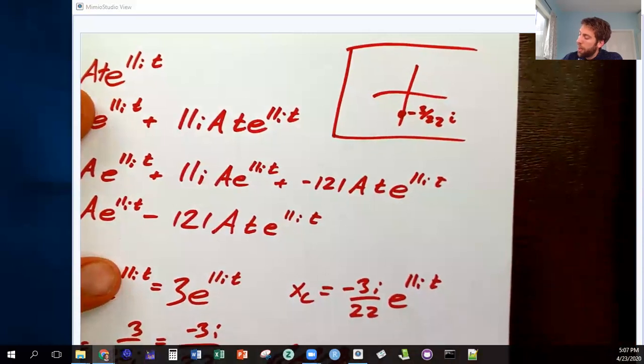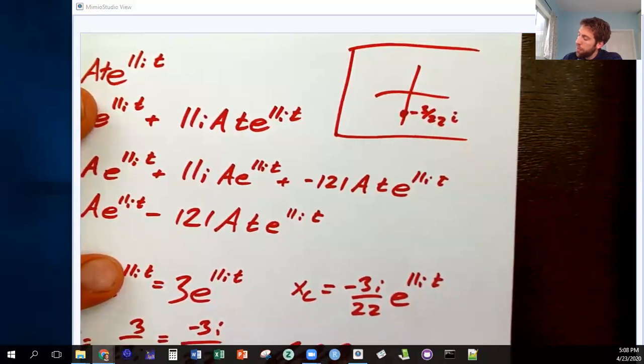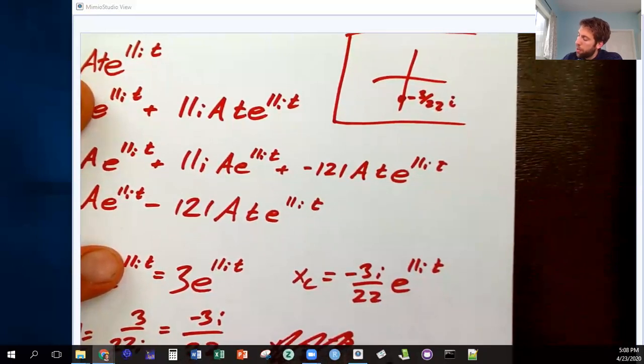So that means x complex equals 3/22 times e to the 3π/2 i, times e to the 11it.